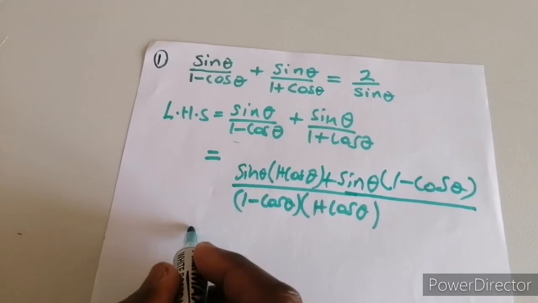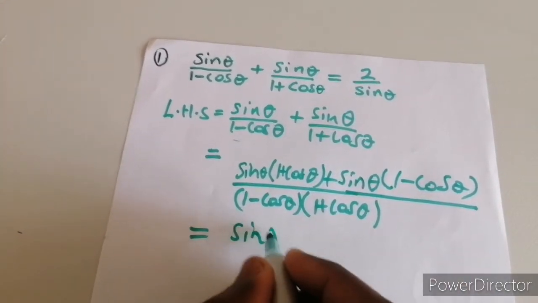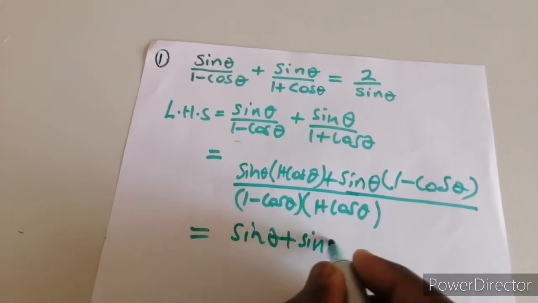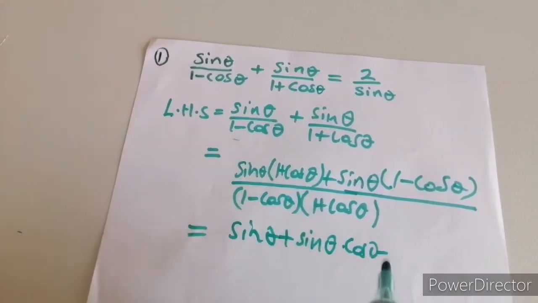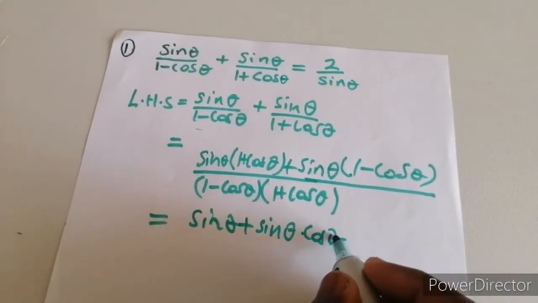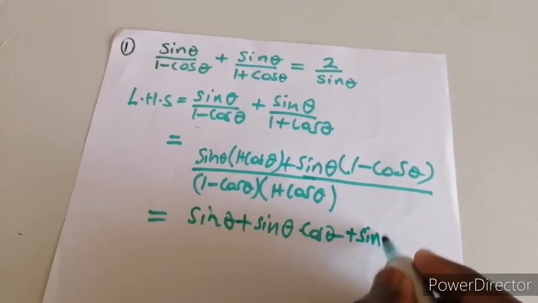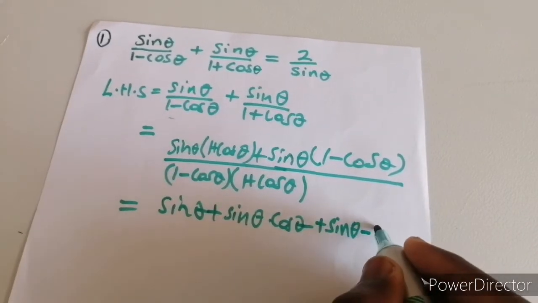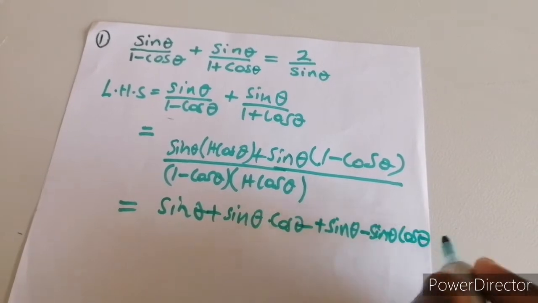Now we go into distributing here. Sin theta plus sin theta cos theta. Distribute the sine of theta to each. And then plus the sine of theta again, minus sine theta cos theta.